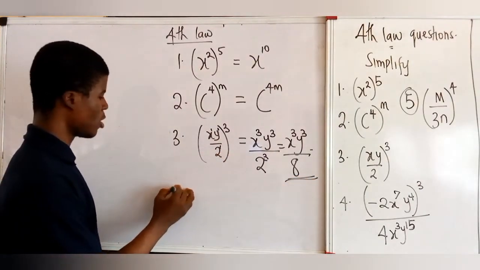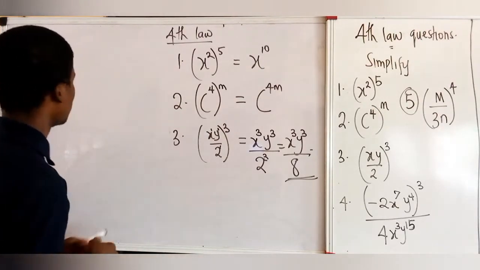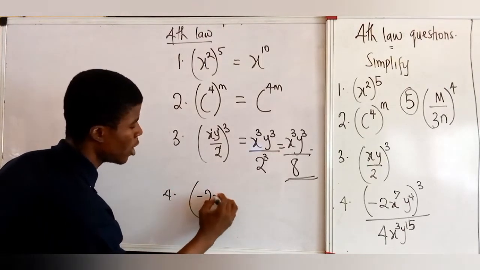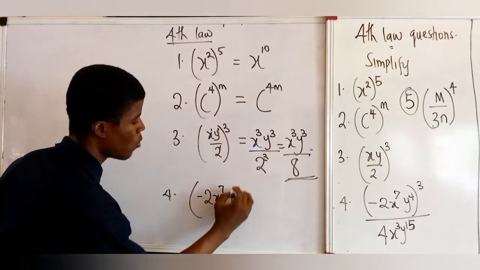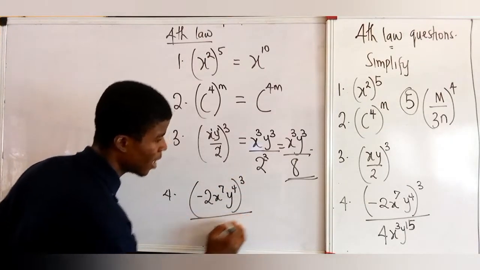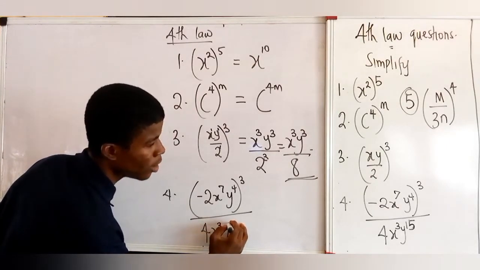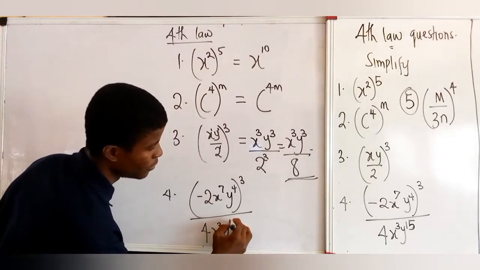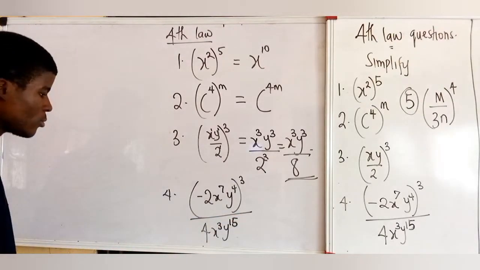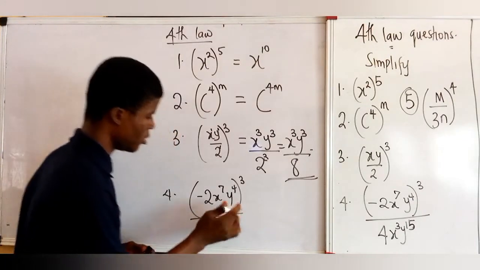Question 4 actually, okay, it's a little bit more difficult than this. So let's come here. Minus 2x to the power of 7, then y to the power of 4, all to the power of 3, divided by 4x cubed, y to the power of 15. Good. So now let's attack this question the way it is.